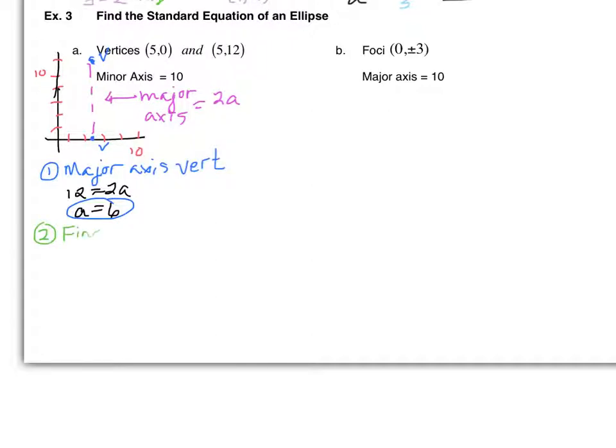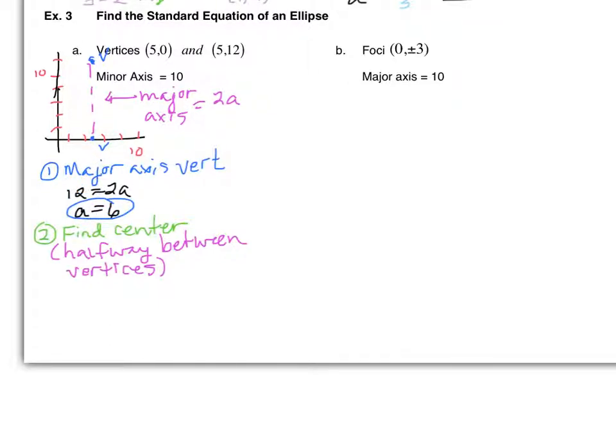And if a is 6, I can now find my center. Find your center. Your center is halfway between the vertices, or in the middle, however you want to say that. So if the whole distance is 12 and half the distance is 6, count 6 up.